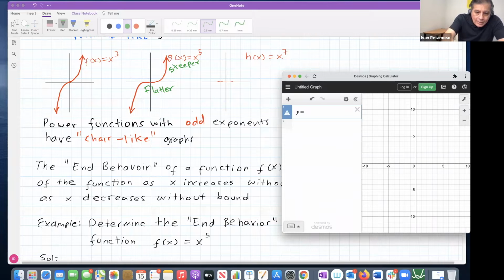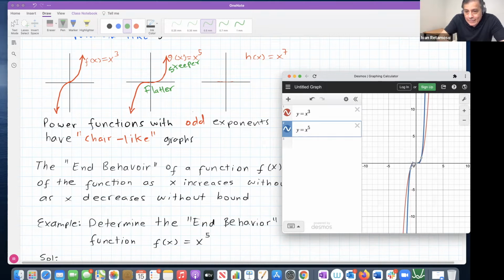Look, y equals x cubed indeed is this chair-like graph, right? Looks like a chair where we sit. Now, if you increase the exponent from 3 to 5, look what happens with the graph. It gets flatter at the center, close to the origin, as we showed here, and is steeper. The blue graph is the new graph, right? It's steeper, grows faster as you go away from the origin.